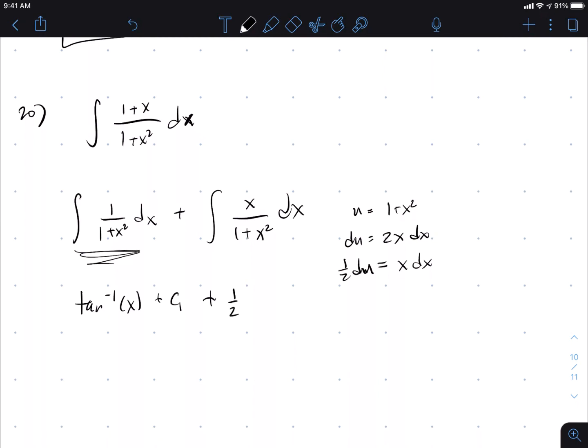This will become 1/2 the integral of what? Then it's 1 over 1 plus x squared. If we're going to do a du, what's it going to be?